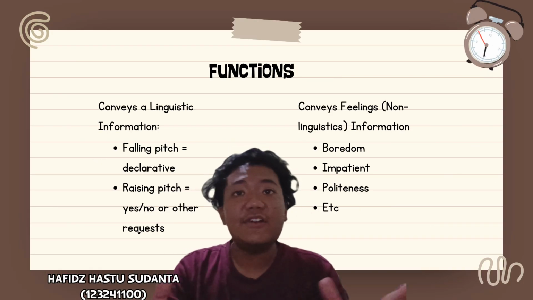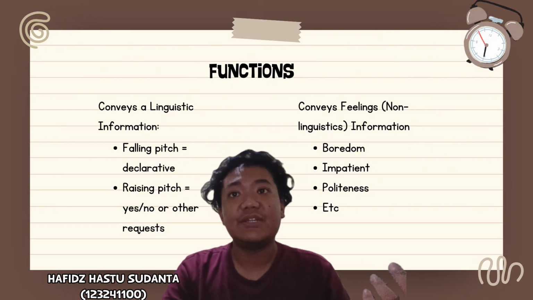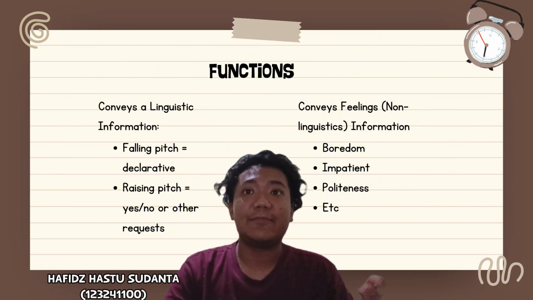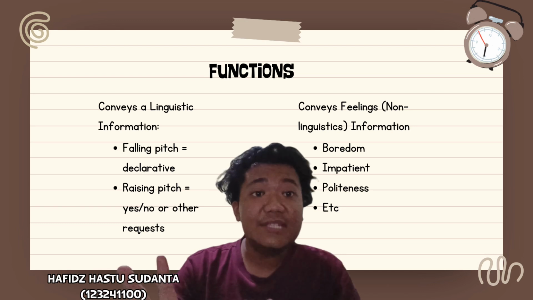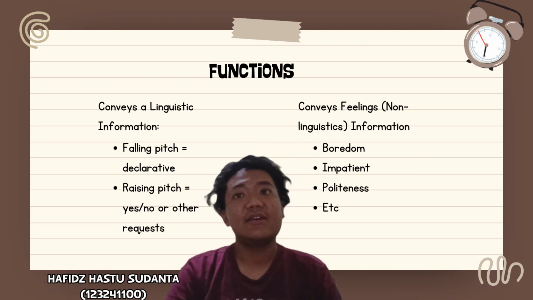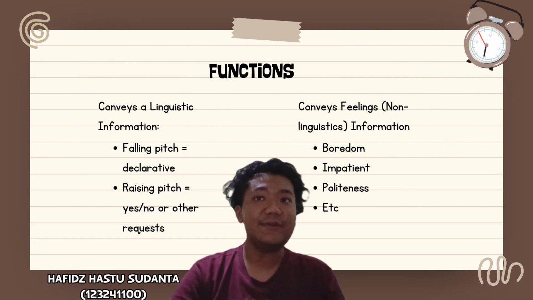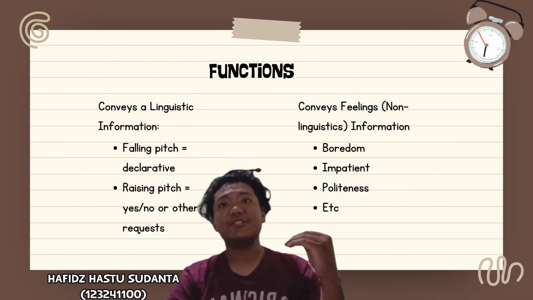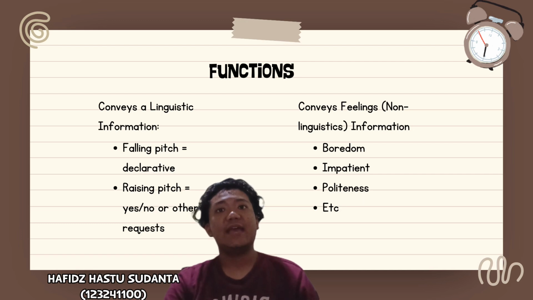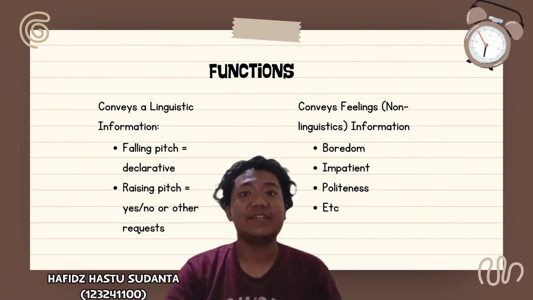So, the functions of intonation. If you look at the book, you can see that there are two different functions of intonation. The first one is that it conveys linguistic information, that is, the rising pitch and the falling pitch. It can also function as a way to convey feelings.